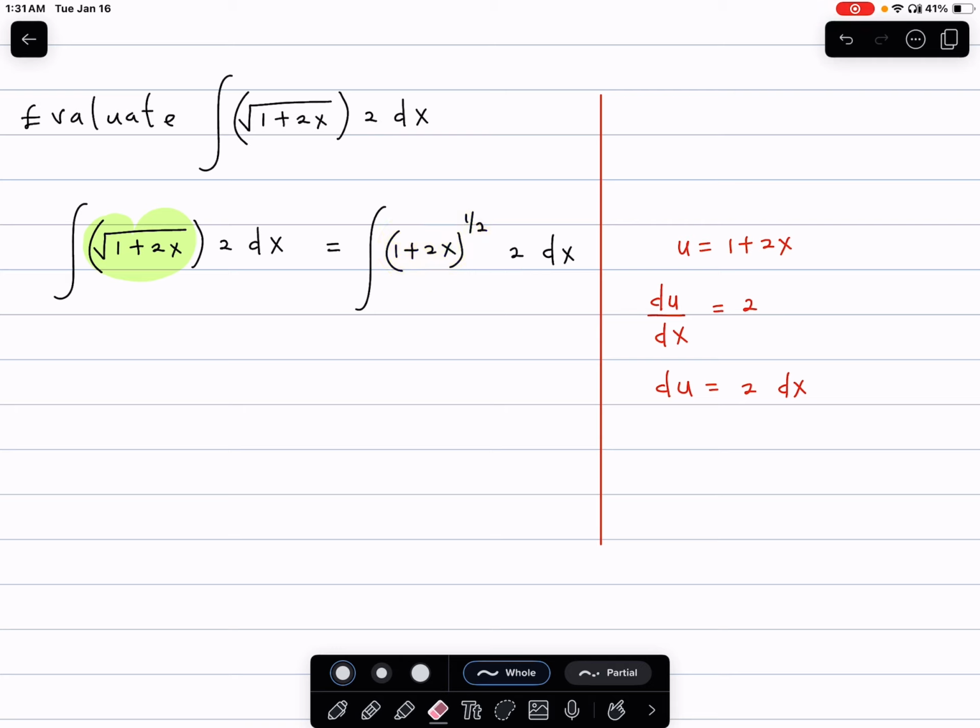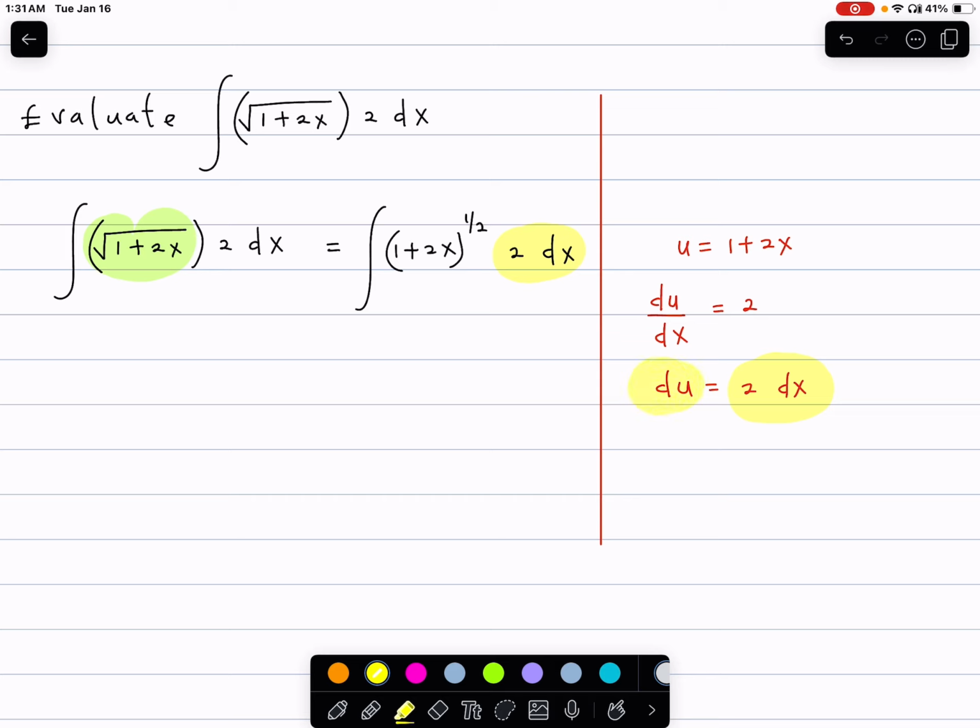Now, you go back to the integral and look at it. I have 2 dx in the integral, and if you look at what I just did, I also have 2 dx here. I know that 2 dx is equal to du, right?